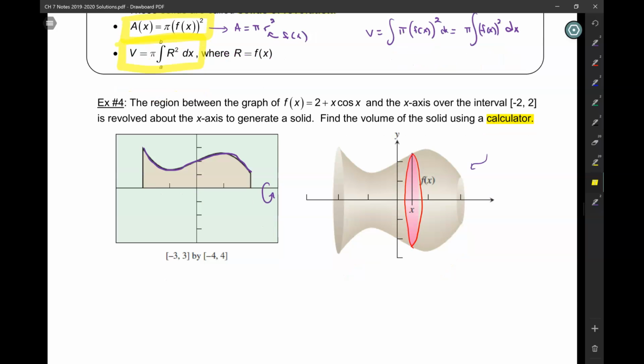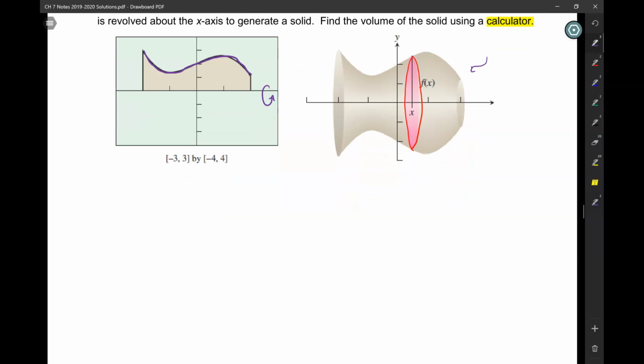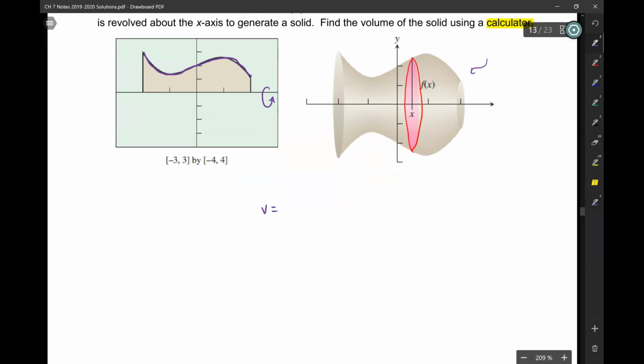And before you reach for your calculator, let's first write the volume here. We're going to do it using circular discs. So the volume is going to be pi integral of r squared dx. R is f of x squared dx.